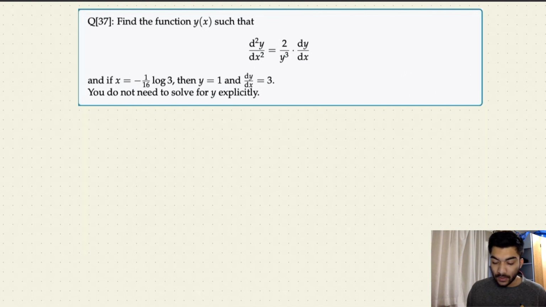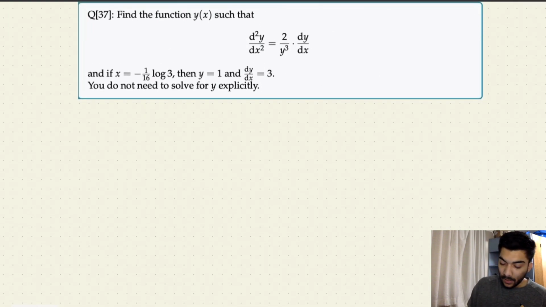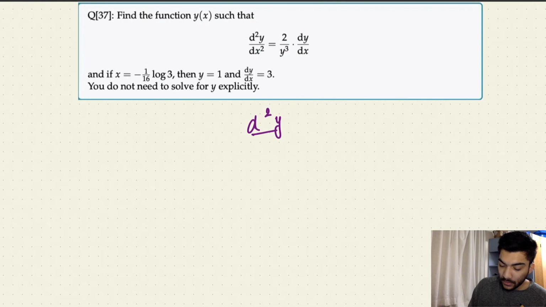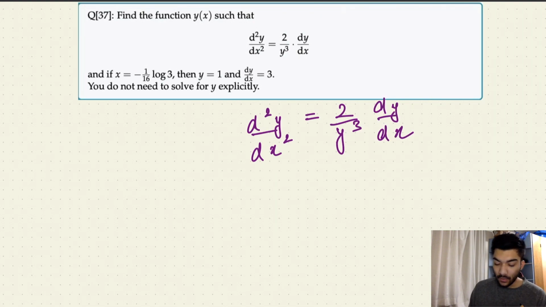So let's do that. In order to solve this question, we have been given that d square y by dx square equals 2 upon y cube dy by dx. So now we can proceed to calculate the integral on both sides with respect to x, right? Because if we integrate this side with respect to x, we'll get dy by dx.